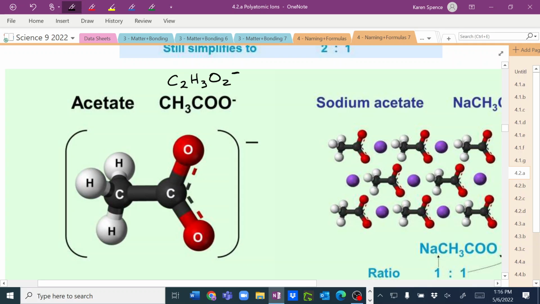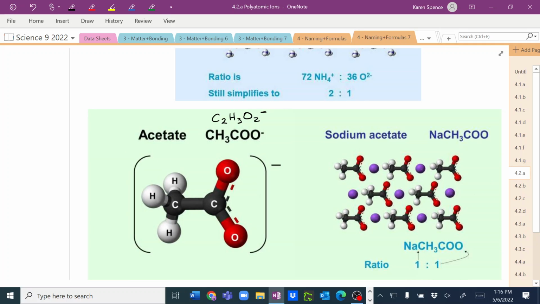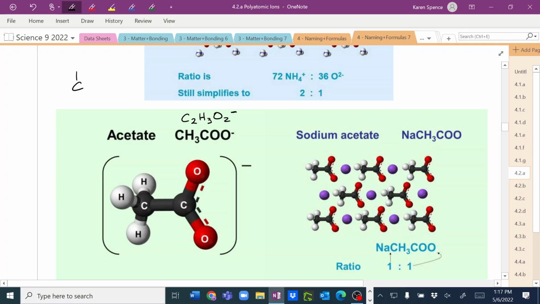But look at the structure. You see how we have a carbon here, and it's bonded to 1, 2, 3 hydrogens? On the right-hand side, we have a second carbon that is bonded to an O and bonded to another O. And that's actually really going to be important if you go into any sort of biology or organic chemistry, because that C has a double bond O and a single bond O, and you can have a hydrogen on the end of that, and that then acts as an acid.